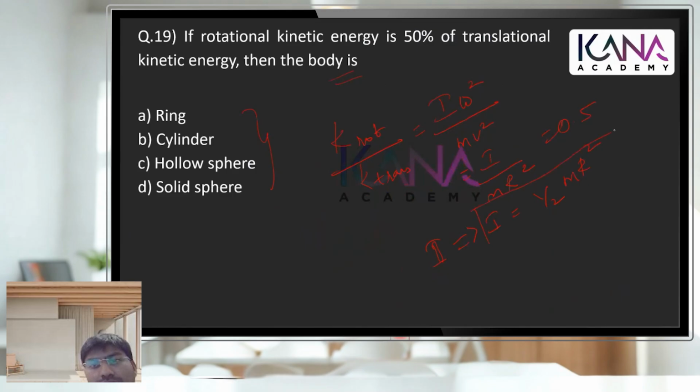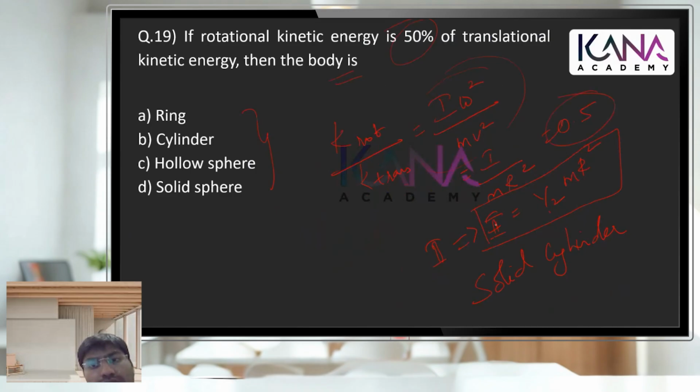If you get this in the moment of inertia, it is half m r square, and it is for a solid cylinder. So basically, we substitute the rotational and translational kinetic energy formulas, and then the ratio is already given and we substitute the value.